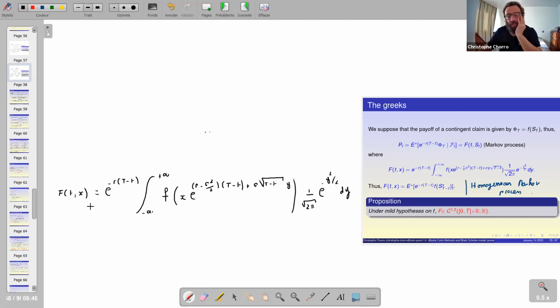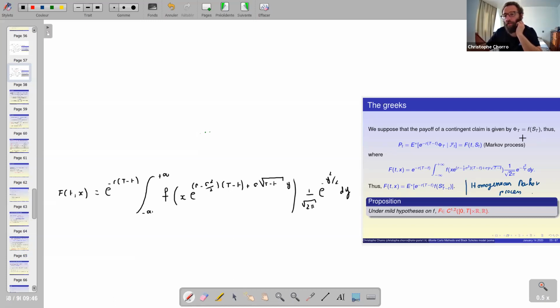So if I want to study the regularity of capital F, I have to study the regularity of an integral depending on parameters. In general, I am able to do this if I use a Lebesgue type theorem. But in order to use a Lebesgue type theorem, in general, I need the regularity of what I have inside. But it's not what I want, because when I do finance, in general, when I have a contingent claim of this form, the payoff function small f is not, in general, very regular.